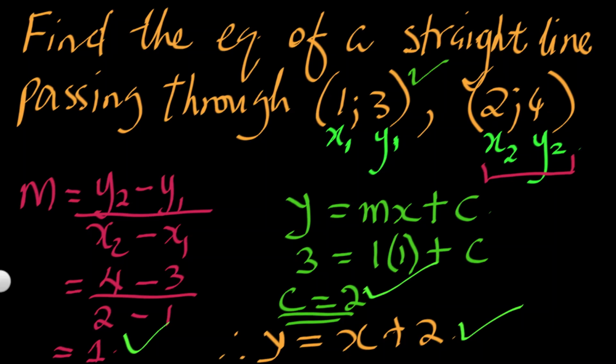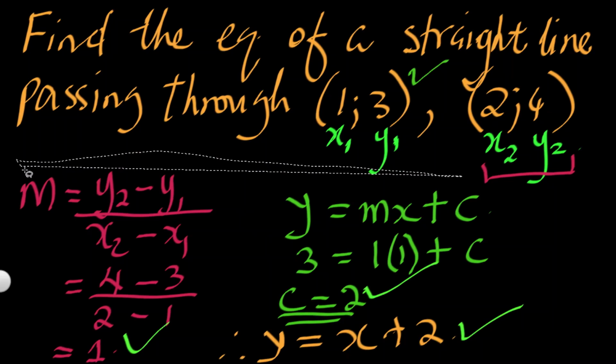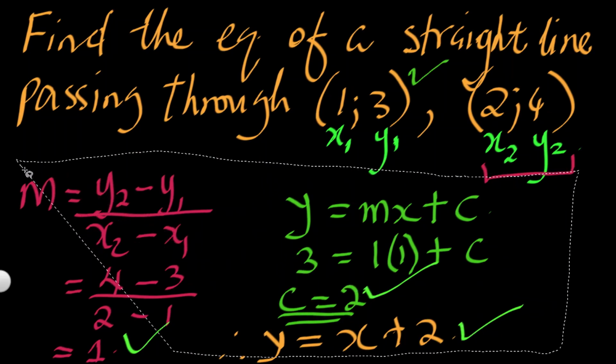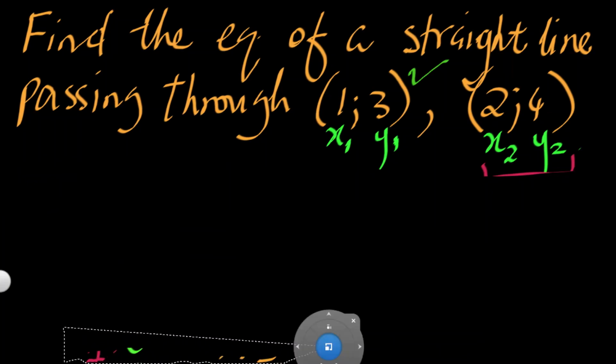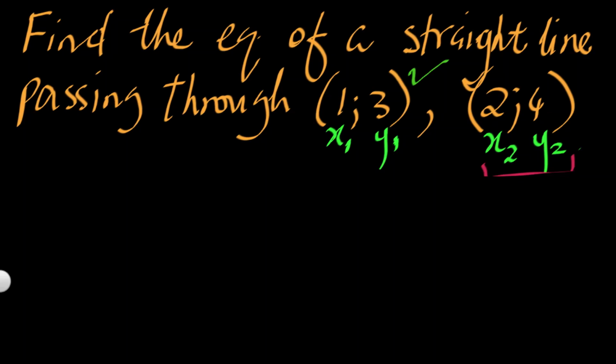I'm going to show you another way of getting the equation of the line without explicitly finding your c. This is another way. We already have our m.